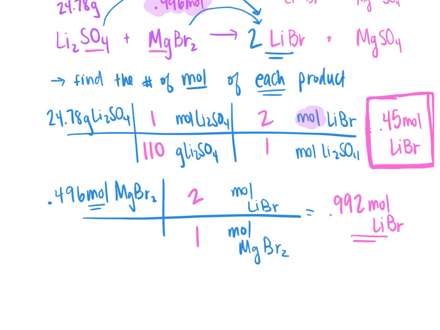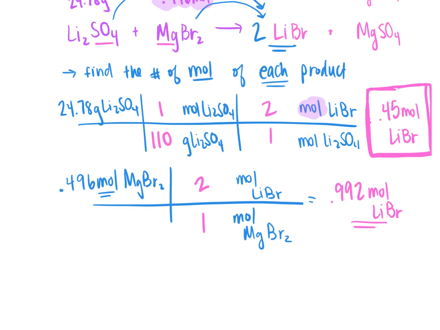So now, if I want to answer the next part of my problem, find the moles of my secondary product, which is my limiting reactant? Li2SO4. This is my limiting reactant, which means to find my second product, do I still need to do 2 T-charts? No. I just go from my limiting reactant to my last product.